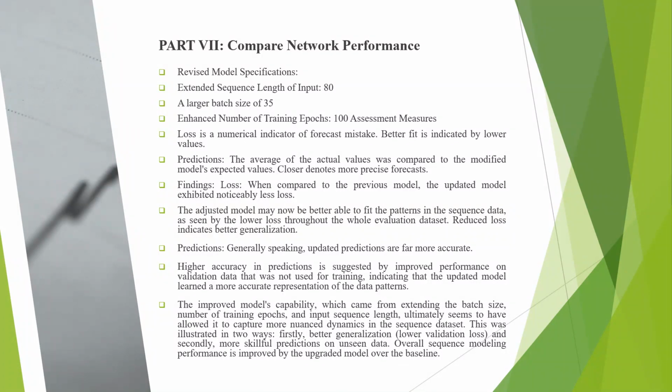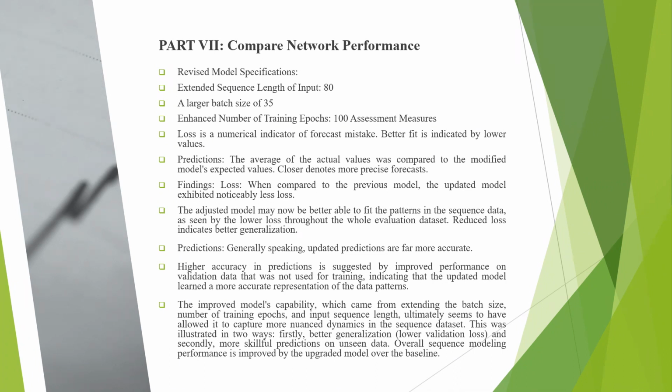Next comes the comparison between network performance in this revised model specialization. It has an extended input sequence length of 80, a larger batch size of 35, and an enhanced number of training epochs of 100. Assessment measures.